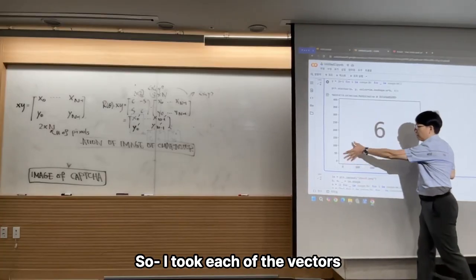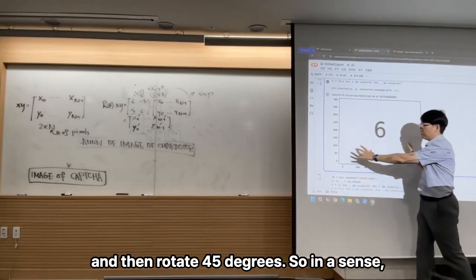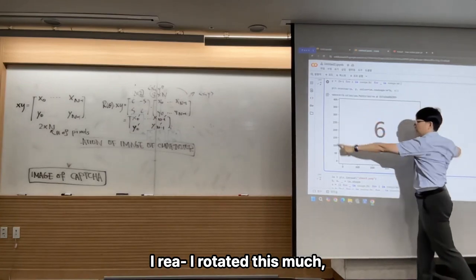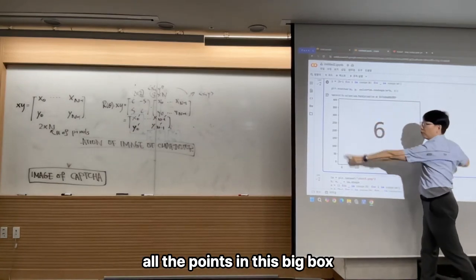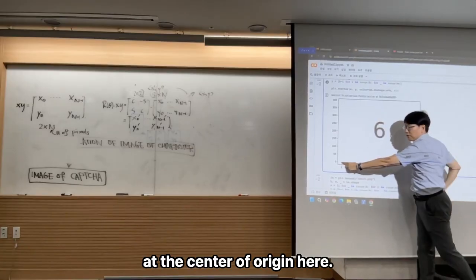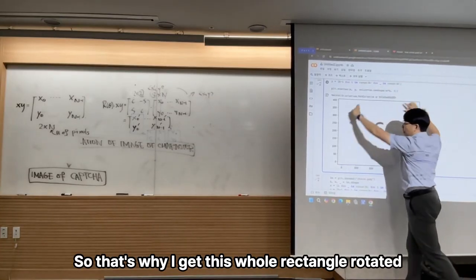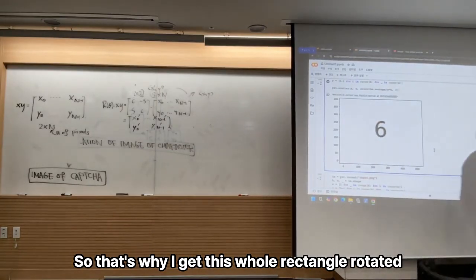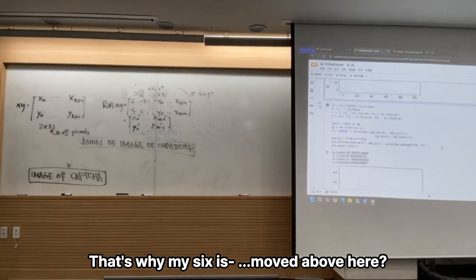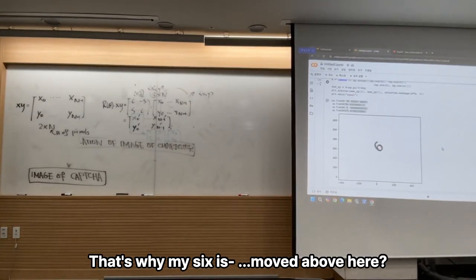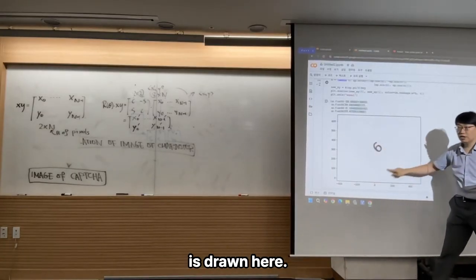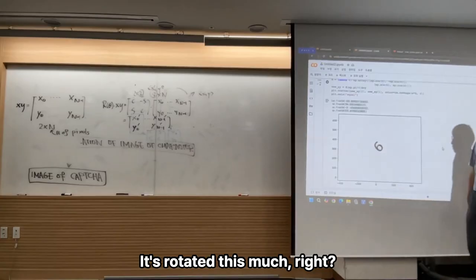So I took each of the vectors and rotated 45 degrees. In a sense, I didn't rotate only this one. I rotated all the points in this big box at the center of origin here. So that's why this whole rectangle is rotated around 0, 0, and that's why my 6 is moved above here. You can see the imaginary line drawn in here. It's rotated this much, right?